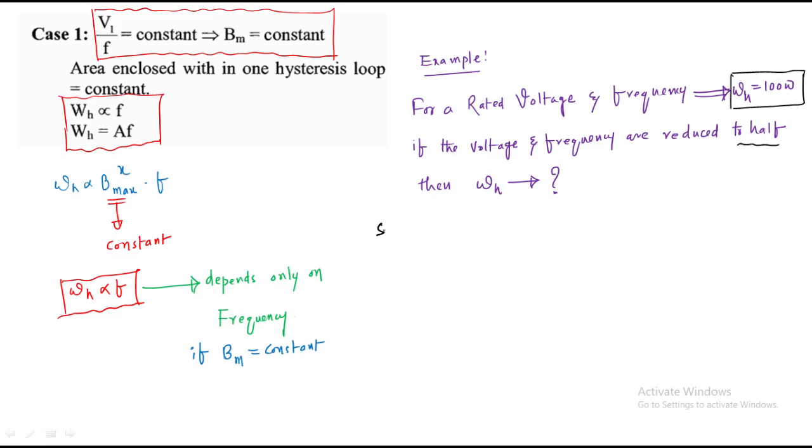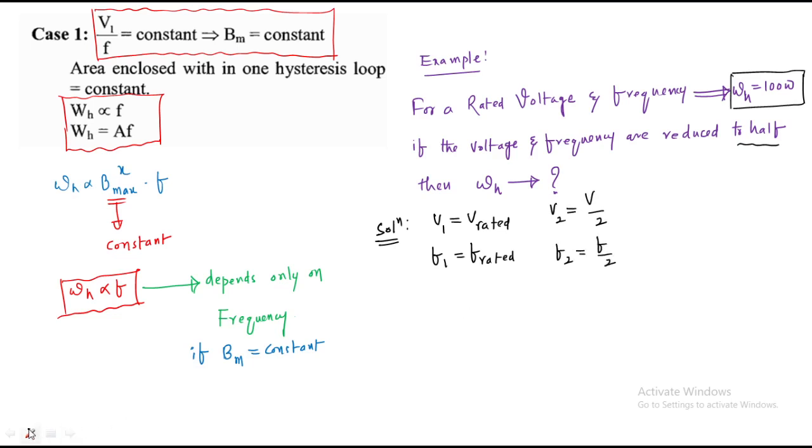That is the solution. V1 is V rated, and F1 is F rated, given. V2 is V by 2, and F2 is F by 2.